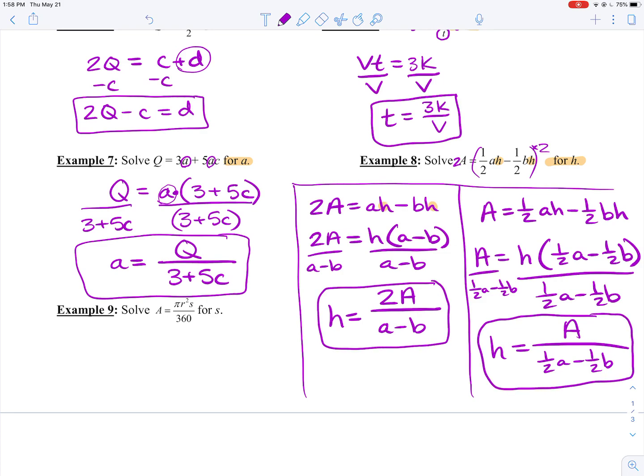This first one that I'm starring is just a little cleaner, and doesn't have fractions within a fraction. So typically we like to avoid fractions within a fraction, but either would be acceptable.